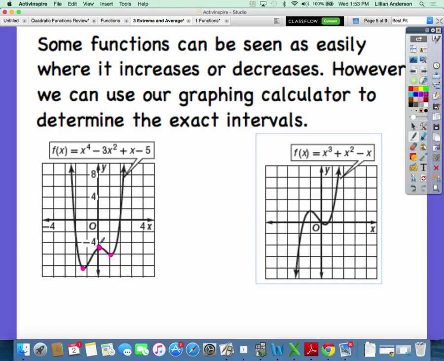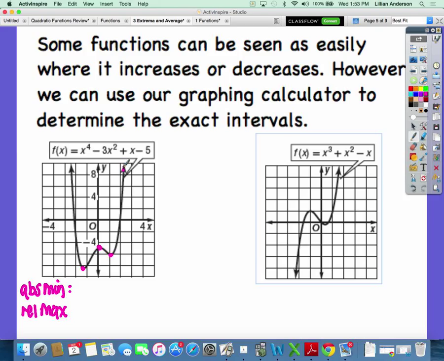For this first min, is it absolute or relative? Absolute. And I can't really tell what it is. I can probably guess, but I can't really tell. So we're going to have to use our calculator to find that one. Is this a relative max or absolute max? It's relative. And you know that because those arrows mean that this point's higher than that.